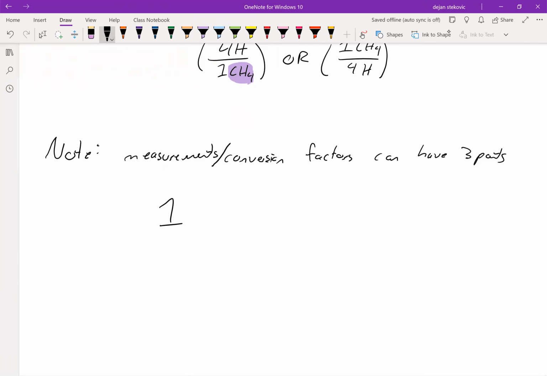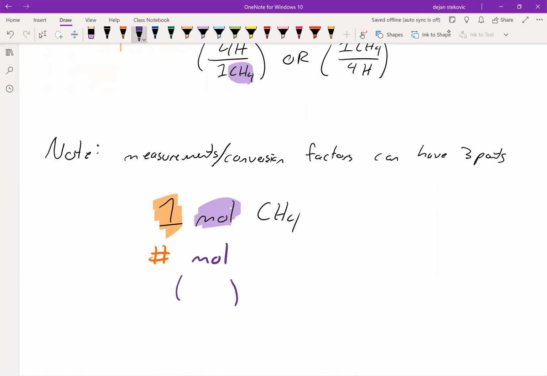So for example, when we say 1 mole of CH4, we have 3 different parts in this kind of measurement. First, we have the numerical value, the number, which tells you how much you have.